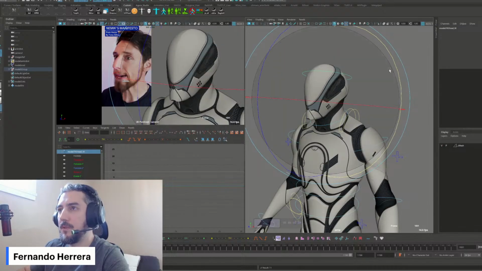So with every frame change, I'm checking the angle of the head, the range that it goes, trying to get close to it.